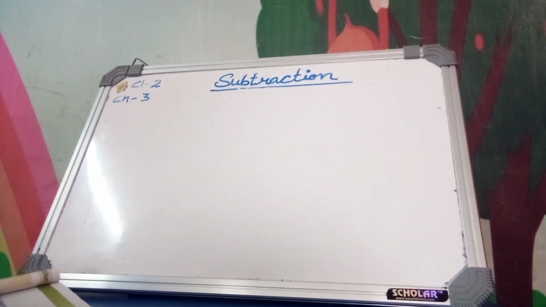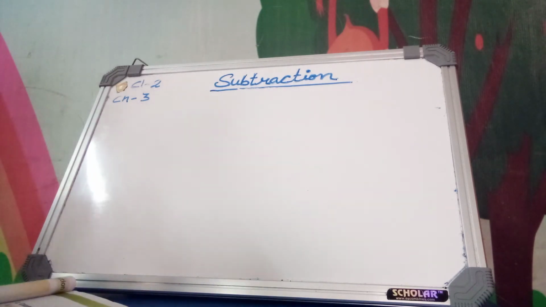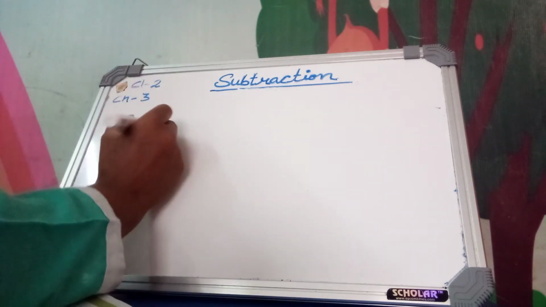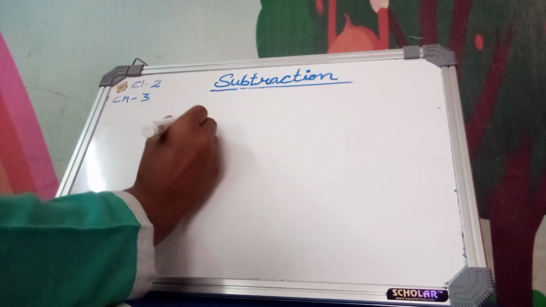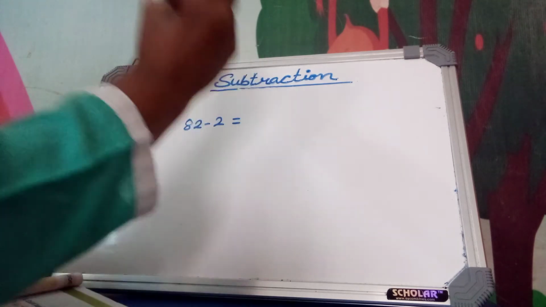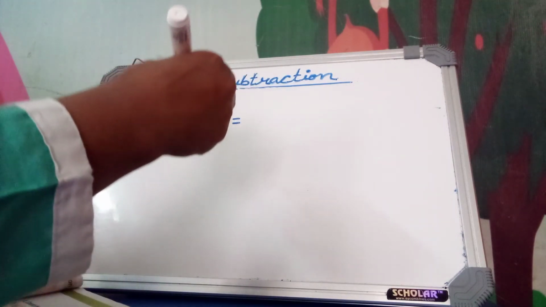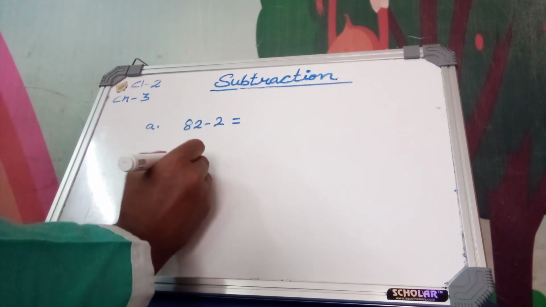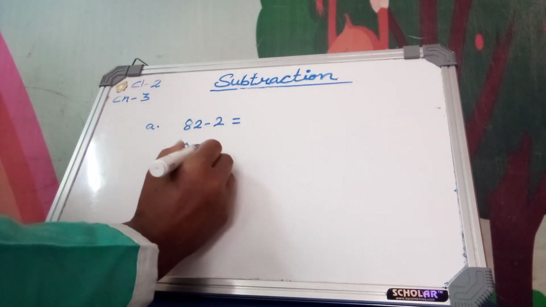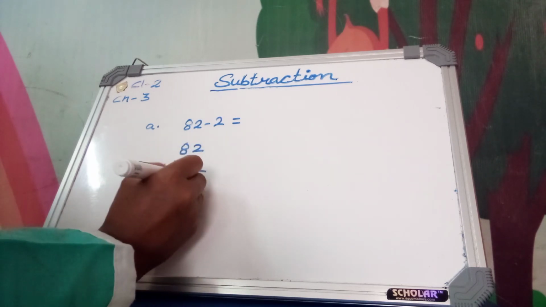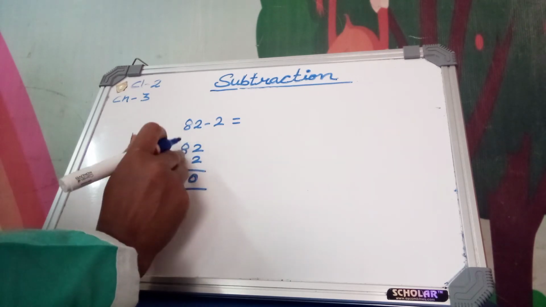Now see subtraction on the following. A. 82 minus 2. In this subtraction you have to do like this. 2 minus 2 is 0, and 8, note down the same.